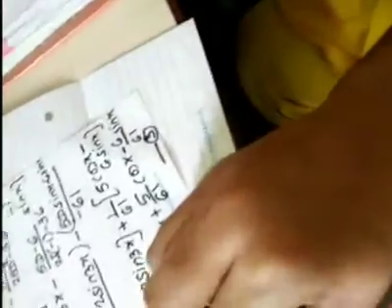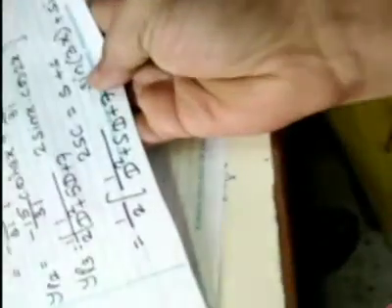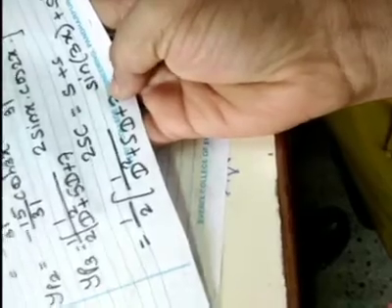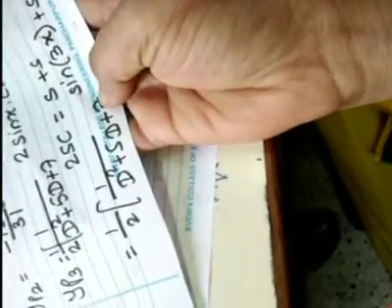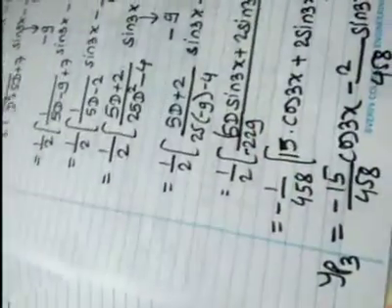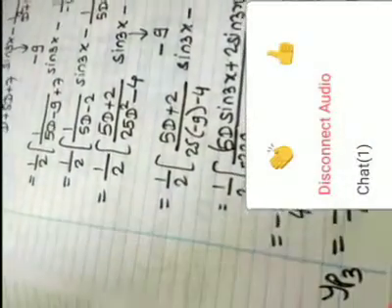Sine cos, okay. Sine cos something. What is that? Formula? Can you type more so that I can understand where is the problem? Sine cos.